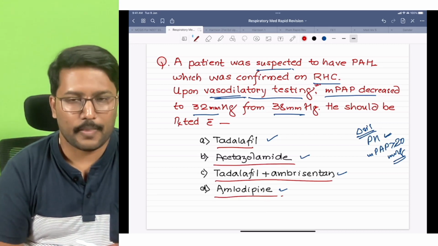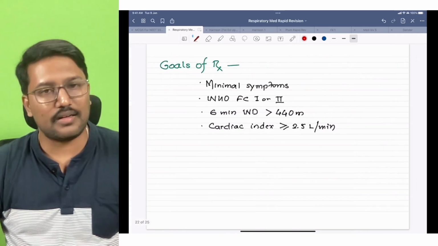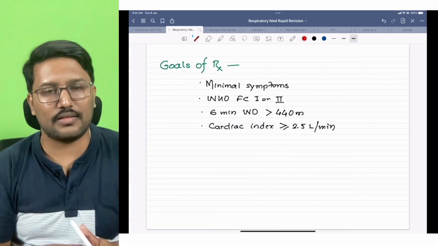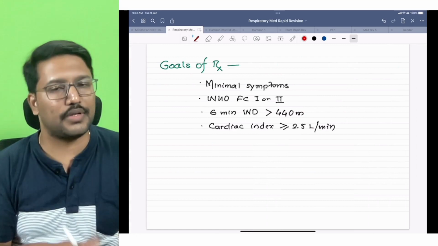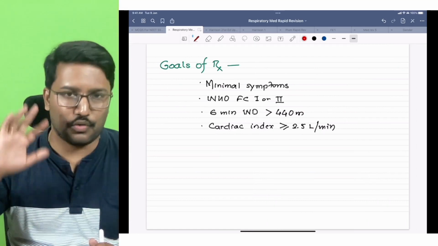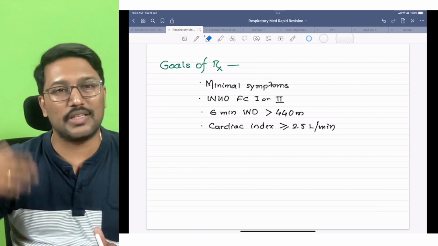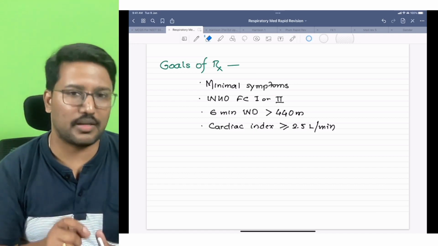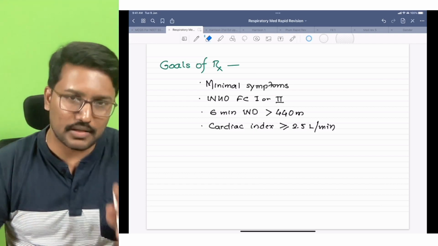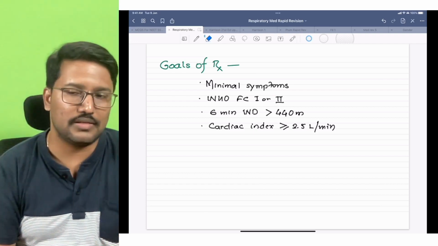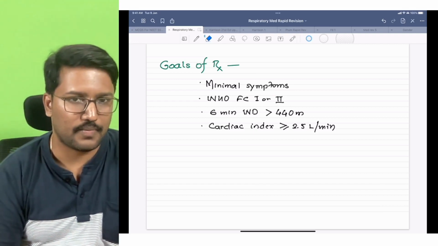Okay, so vasodilatory testing is part of your right heart catheterization process. So when you do right heart catheterization, if the data tells you that this is pulmonary arterial hypertension, and you already know from the history and lung imaging that it is not a lung disease, and you already know from the echo and other right heart catheterization parameters, looking at the pulmonary arterial wedge pressure, that there is no post-capillary defect, it is primarily a pulmonary arterial disease, then you will do the pulmonary vasodilatory testing, right?